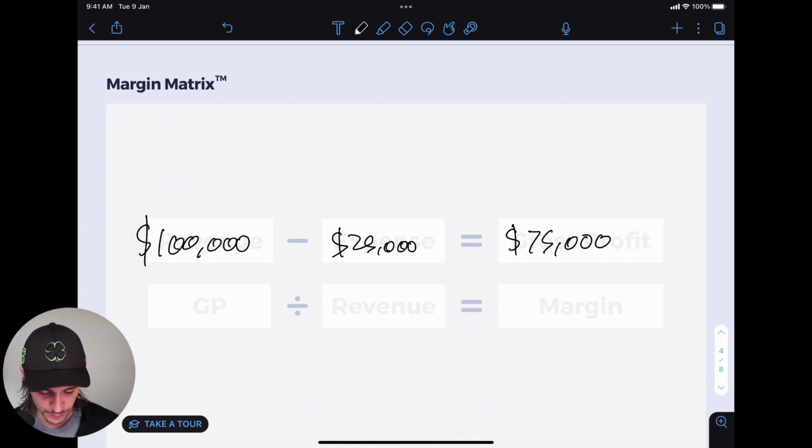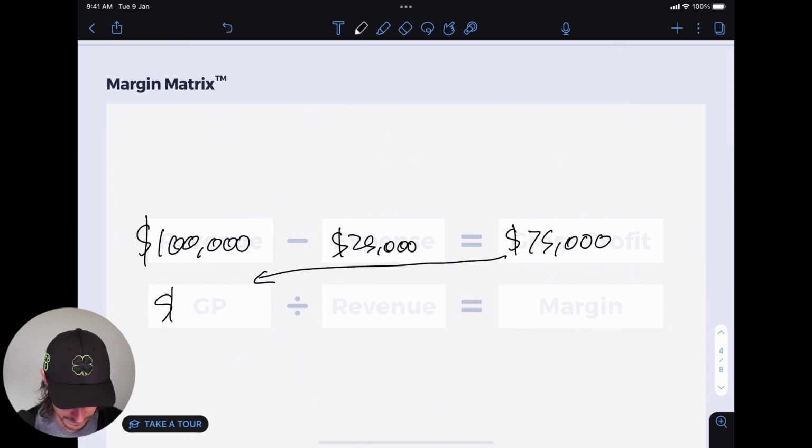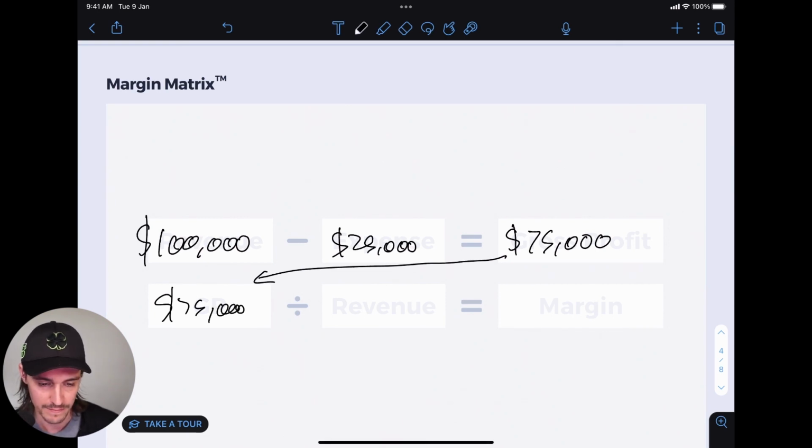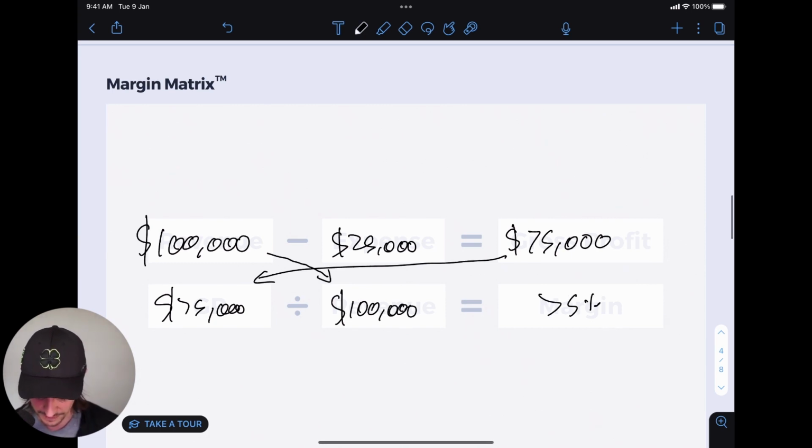And then I'm going to take our gross profit, GP, which is 75,000. This one comes over here. 75,000. And I'm going to divide that by our revenue, which is this one. And it's going to come over here. And so if that's 100, it's going to give us an answer here of 75%.